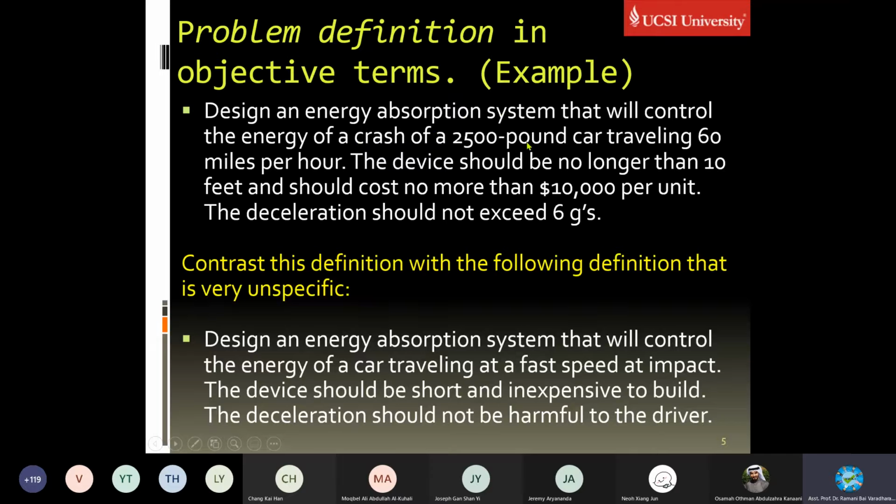The car's mass is about 2,500 pounds. Some mass is given to you, and then it is traveling at 60 miles per hour. And it should be no longer than 10 feet. There is a constraint: they cannot accommodate more than 10 feet, right?